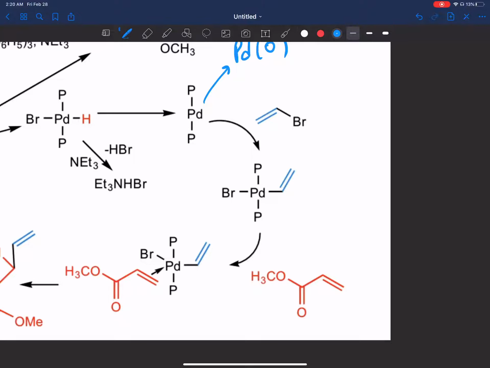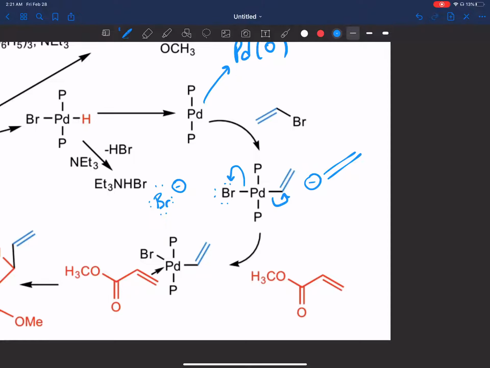Let's go with the bromine now. It has 3 lone pairs right now. I'm going to take this bond and break it back. Now I have 4 lone pairs, which means Br minus. So that is an X-type ligand. It will contribute a -1 charge to my oxidation state. Let's try it with this double bond. Bring this back, and you're going to get a negative charge on that carbon.